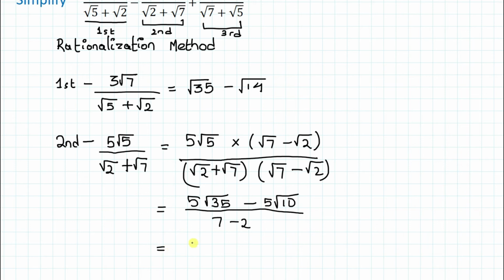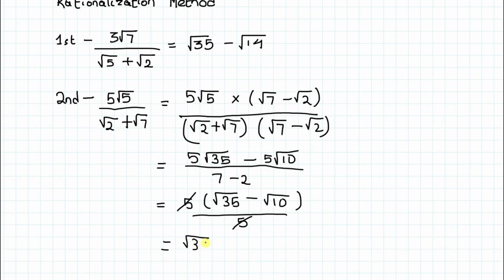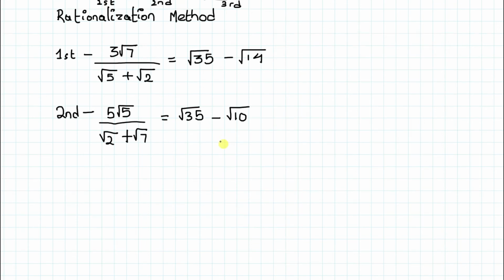So if I take 5 common, root 35 minus root 10 divided by 5, this will get cancelled out. In the second term we are getting root 35 minus root 10.